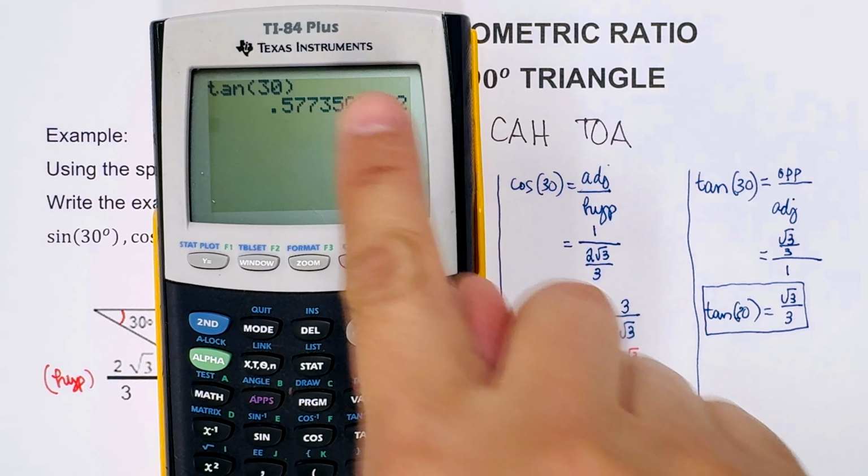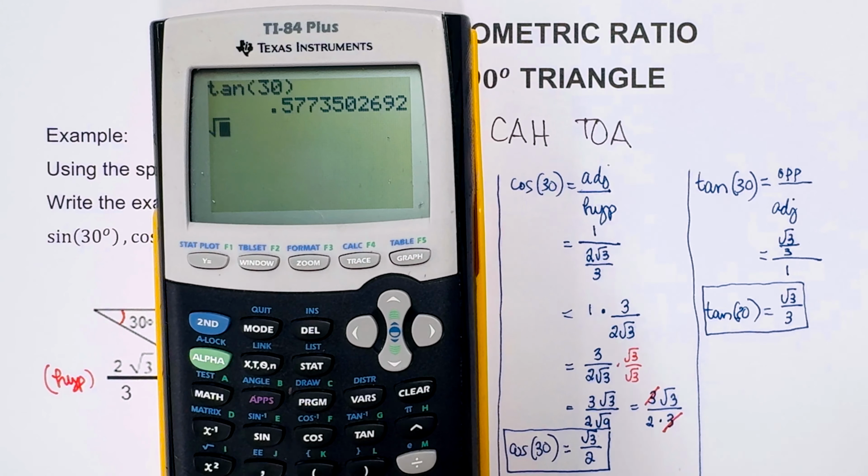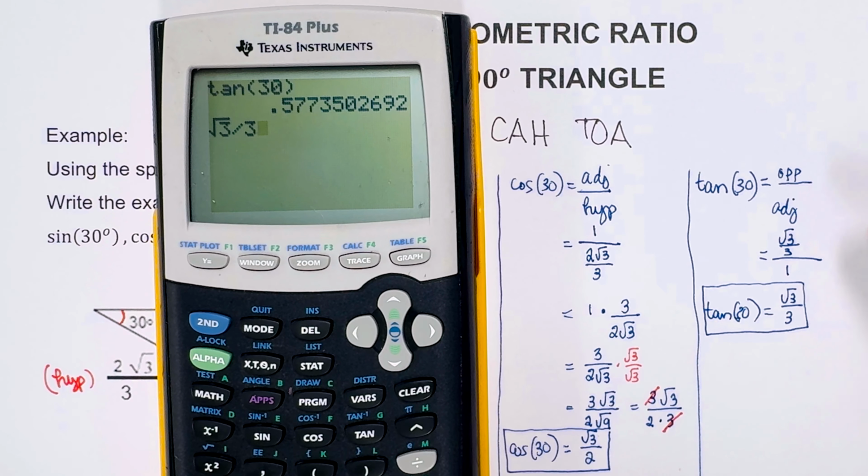What does it look like? It should match up with this. So square root of 3 divided by 3. When I hit this, it should come up with a value like that. If not, then we did the math wrong. So let's see. And the answer is a match. So that is the exact value for tangent 30, square root of 3 over 3.